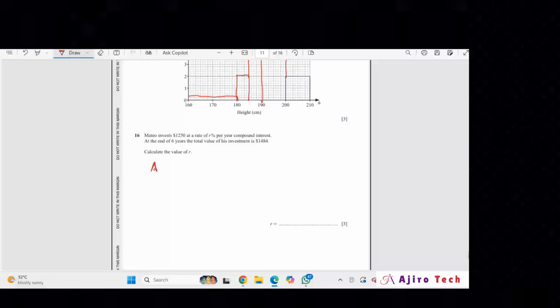So when you do this, we're going to have A is equal to P, open bracket, 1 plus R over 100, close bracket, raised to the power of T. So this is the formula that we're going to make use of.